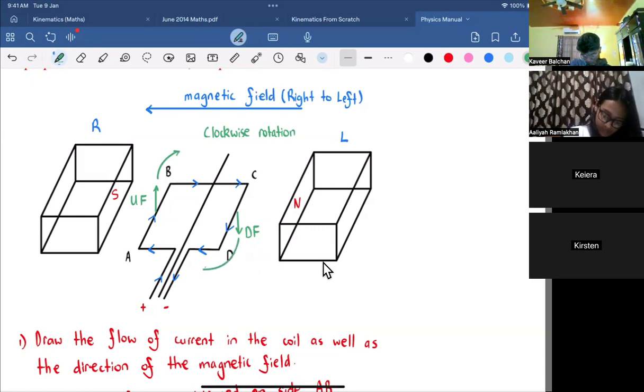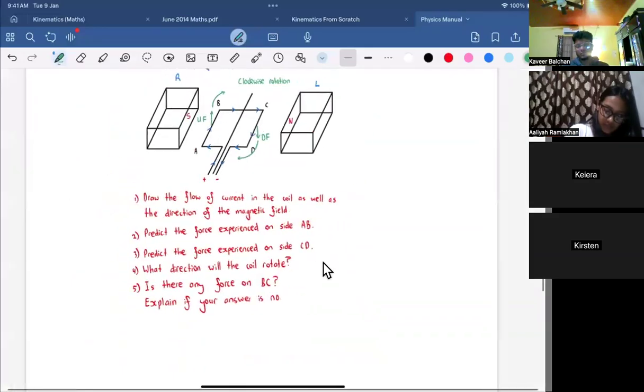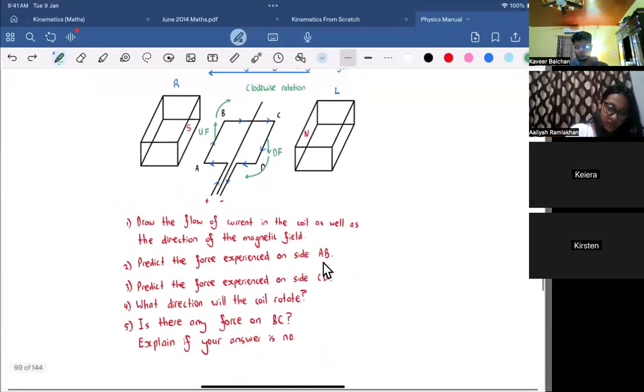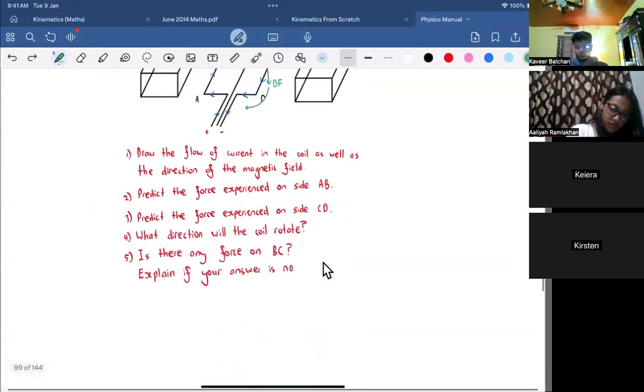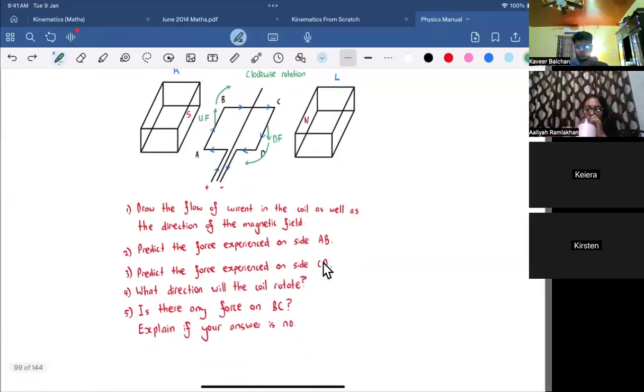And a question like this could come for 10 marks. Really? Yeah, you had to label the current, you had to label the magnetic field. Like this is 10 marks easily. This is 2 marks. This is 2 marks. And you had to explain what direction the coil will rotate. Since you're experiencing an upward movement here and a downward movement, it will produce a clockwise rotation.